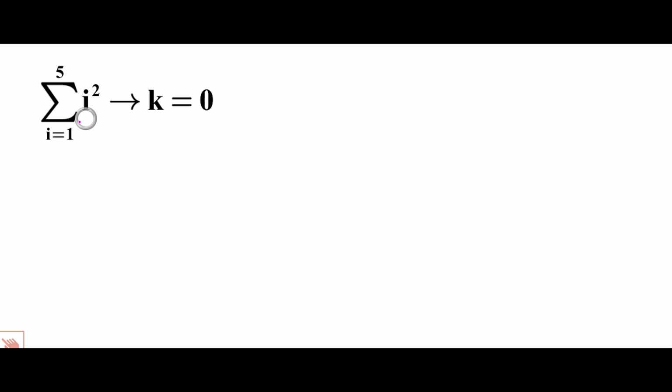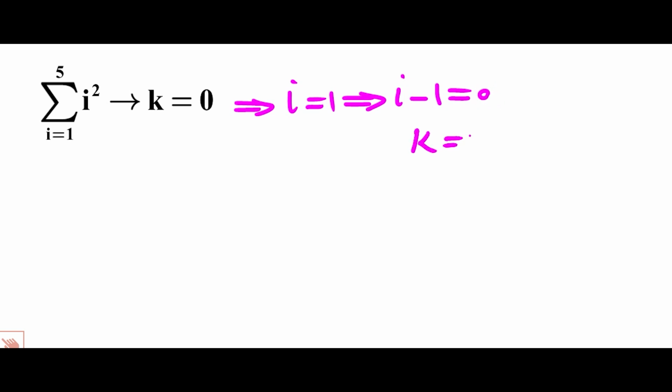For example, rewrite the summation using an index that starts at k equals 0. When i equals 1, i minus 1 equals 0. And we want the new index to start at 0, so k equals i minus 1.